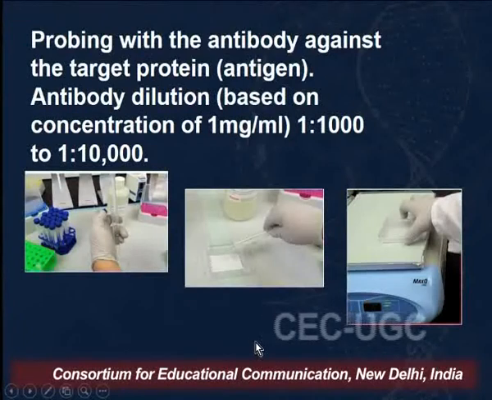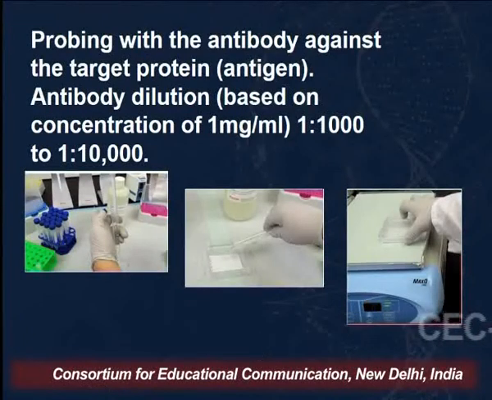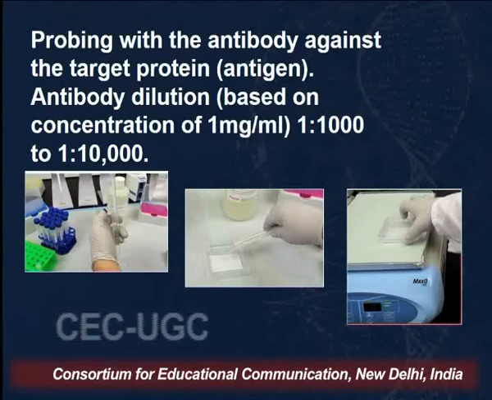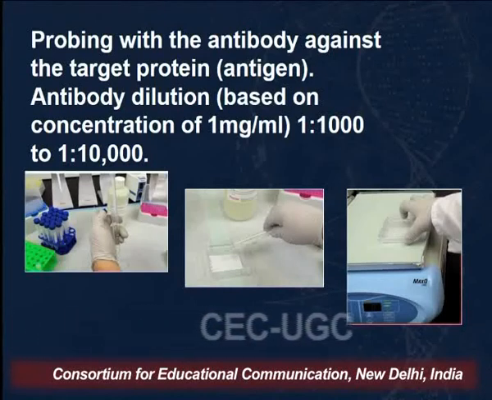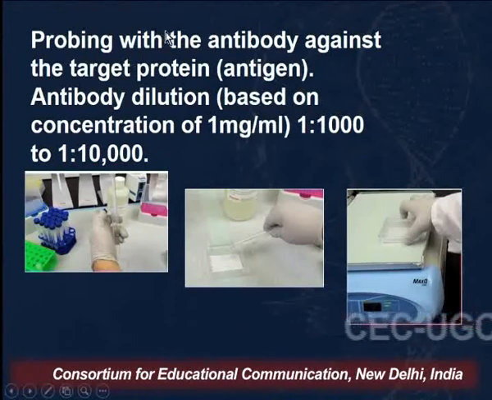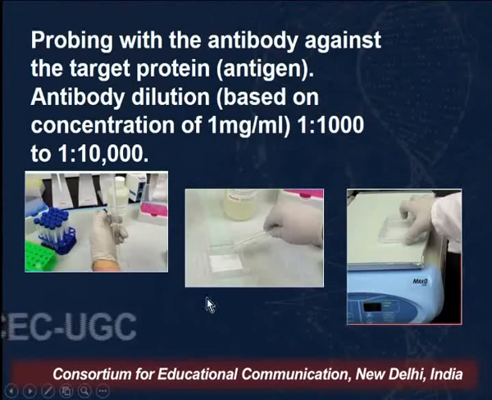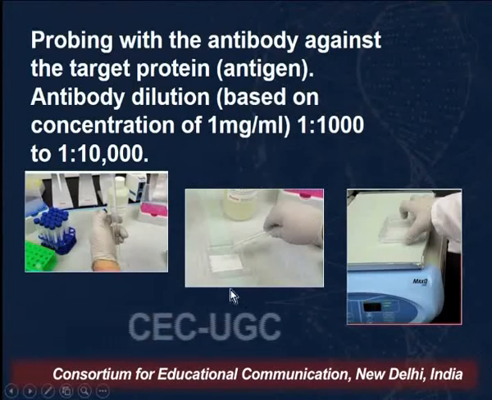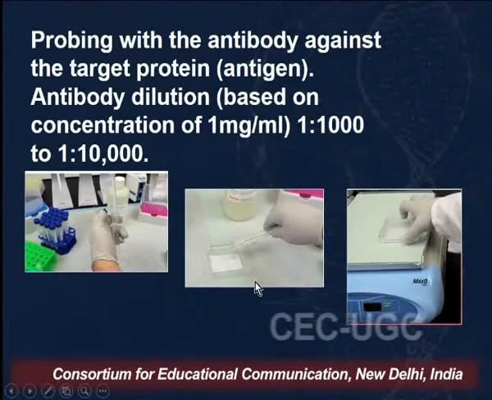And then after that comes the step of probing. There, the probe was a DNA molecule in Southern blot hybridization, or an RNA molecule that we used to probe with. But for proteins, the probes that are used are antibodies. So the protein on the membrane acts as the antigen. It can detect the entire antigen or certain epitopes of the antigen.